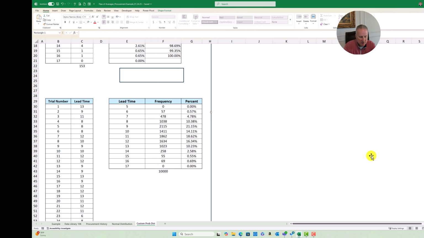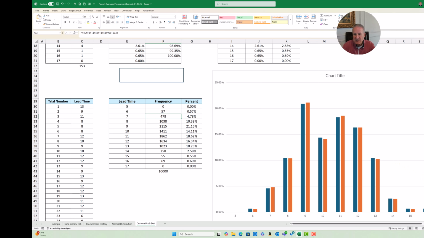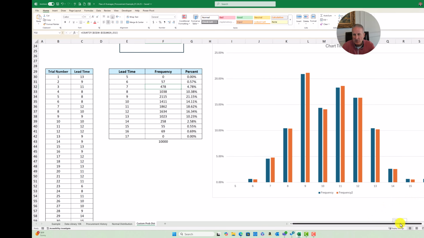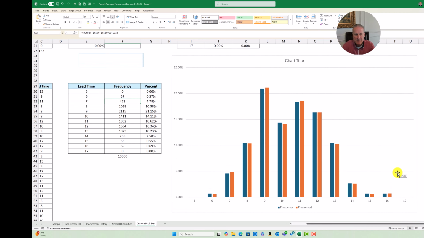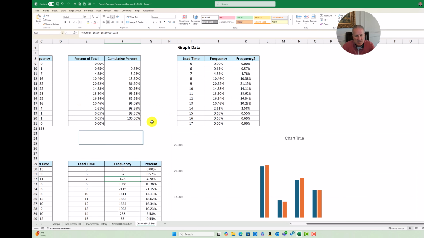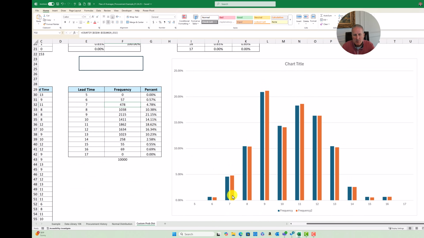So now let's take a look at a graph of the two of these on the same series. The blue rectangles are what the original data was: 0.65% for 6, 4.58% for 7, etc. And the orange bars are what just came up from my 10,000, right?